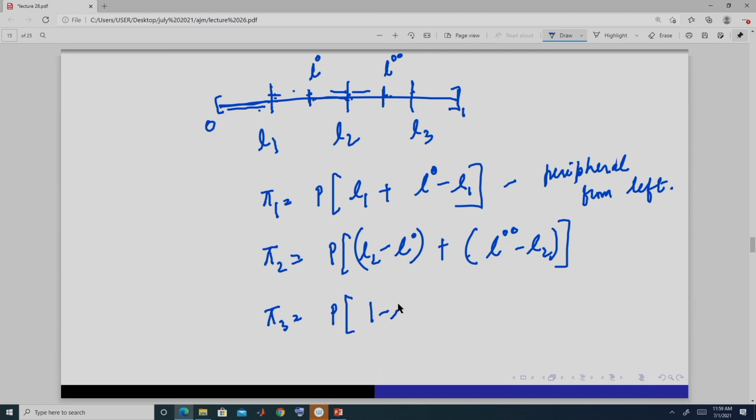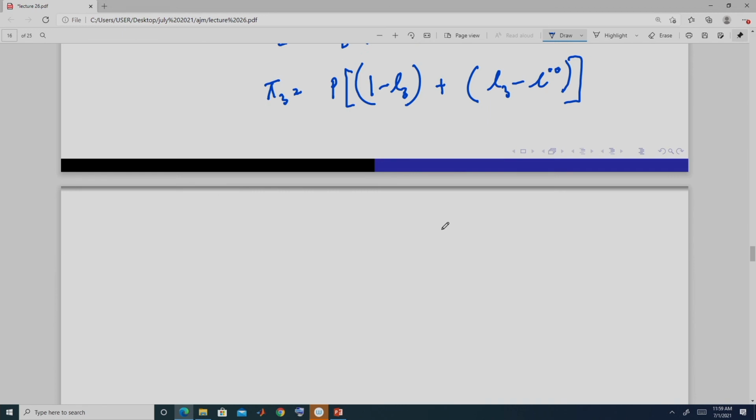It is always going to get this: no one is going to buy from any other firm when firm 3 is located here. So, everyone lying in this region is going to buy from firm 3, and it is going to get this length, because this person is indifferent between the two. So, it is this. Now, we have to find out L dot, L naught and L double naught.